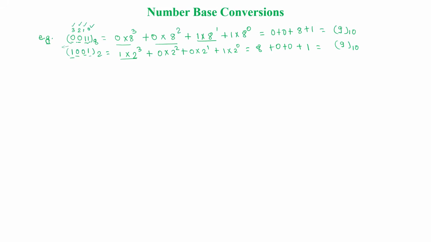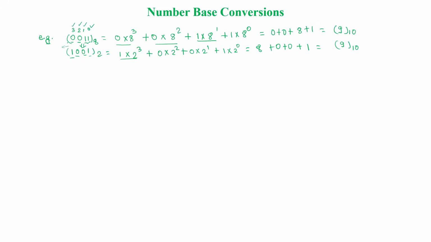So 0, 0, 1, 1 with radix 8 is equal to 1, 0, 0, 1 with radix 2, since both numbers have the same decimal value. This is the concept: two numbers are said to be equal if their decimal numbers are the same.